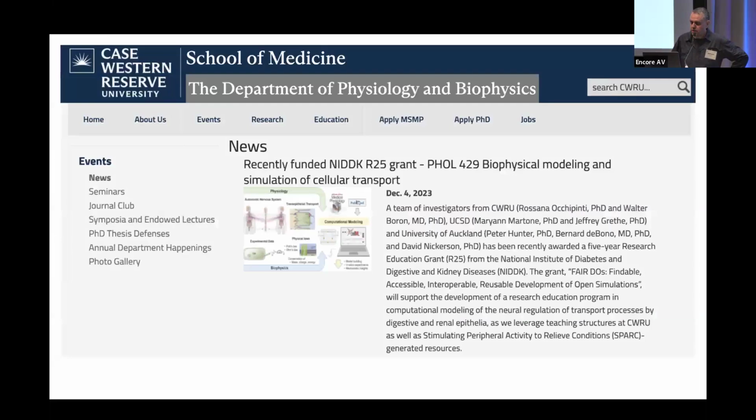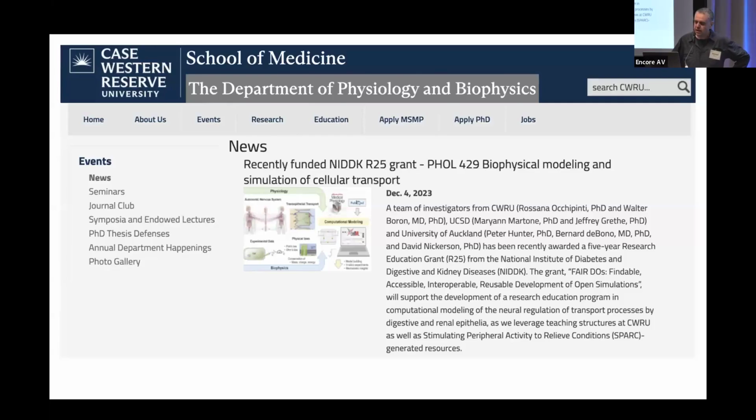The penultimate point is really focusing on the modeling side, the modeling of actual dynamic processes. This is stemming from work that Peter Hunter has been leading in this field, and we recently got an R25 grant with Walter Boron at Case in Cleveland, and both I and Marianne are also involved in this.